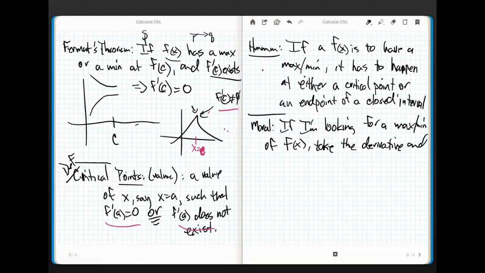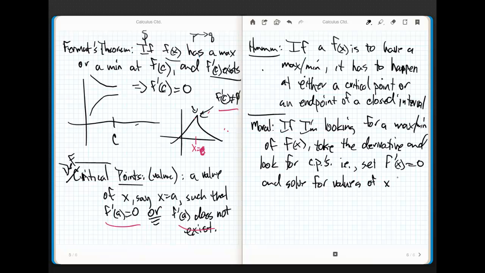All right? So take the derivative and look for CPs. Okay? i.e. set f prime equal to 0 and solve for values of x that make it equal 0 or not exist.